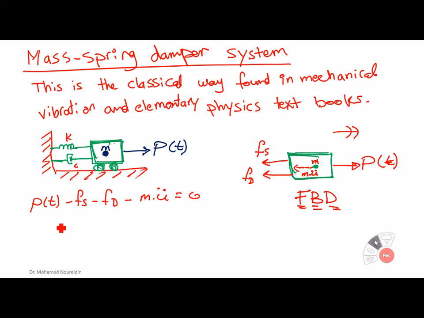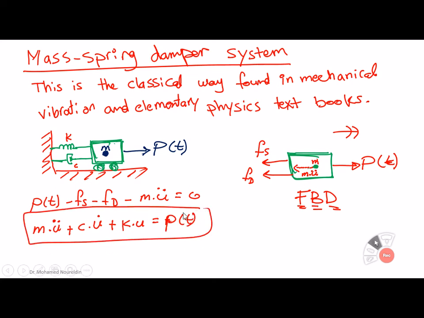After rearrangement, you are going to find that our equation of motion is m u double dot plus c u dot plus k u equals the external force P of t. And this is our equation of motion. So again, we ended with our equation of motion for a single degree of freedom system.